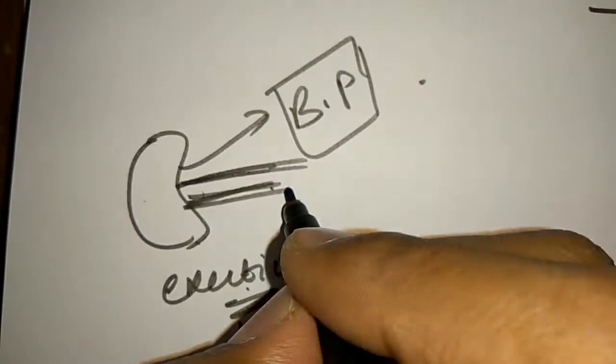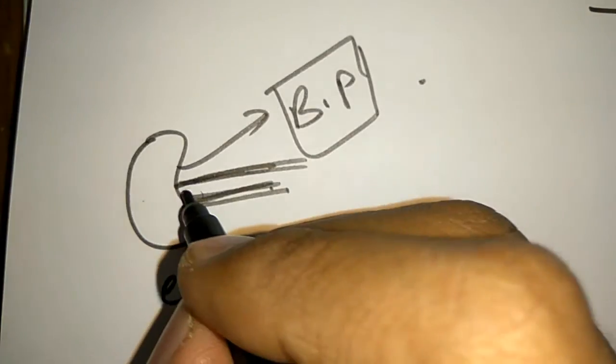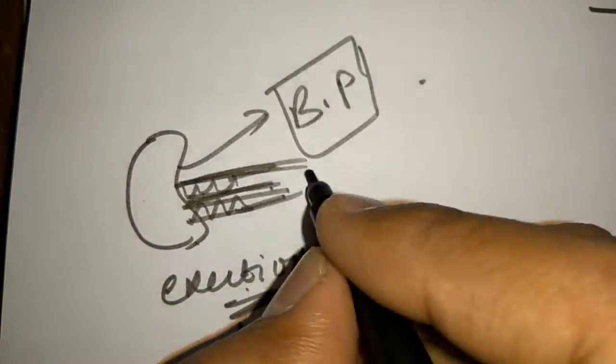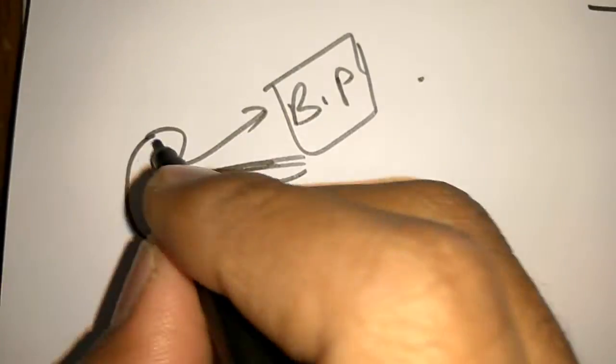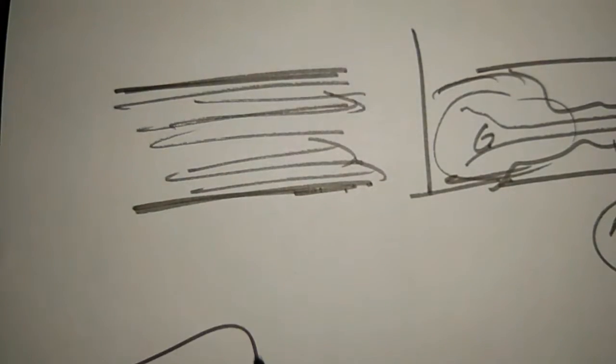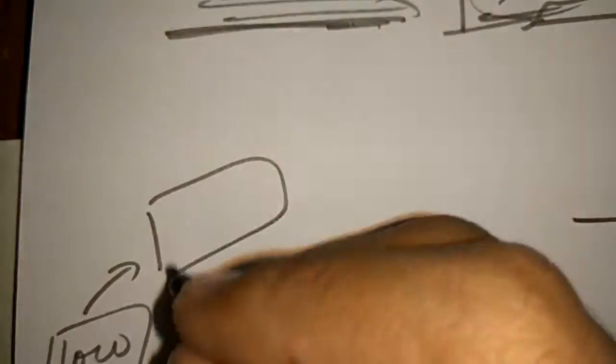So, if one of the arteries that supplies the kidney gets narrowed, what does that mean? Here it is receiving less blood compared to other parts. So the kidney thinks that it is receiving low blood, and so it thinks that the body has got a low blood quantity. So what will it do?